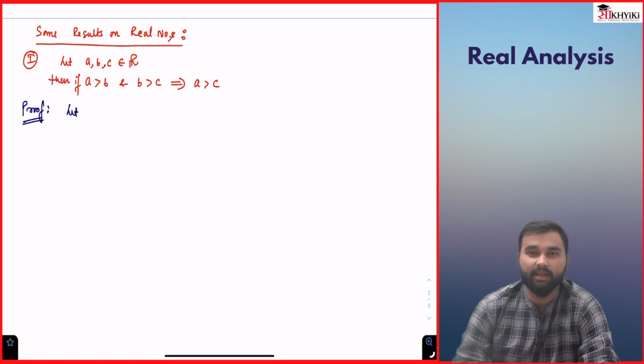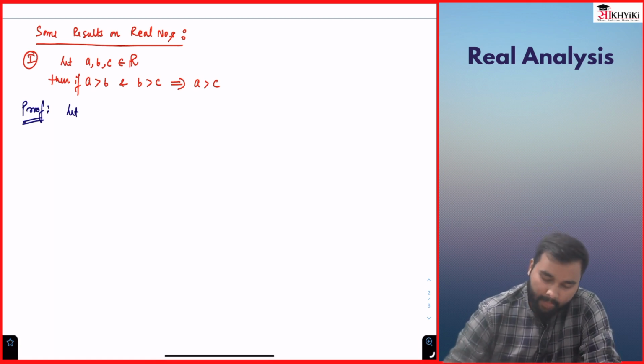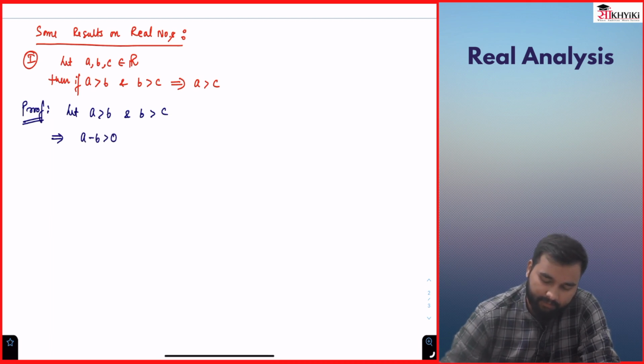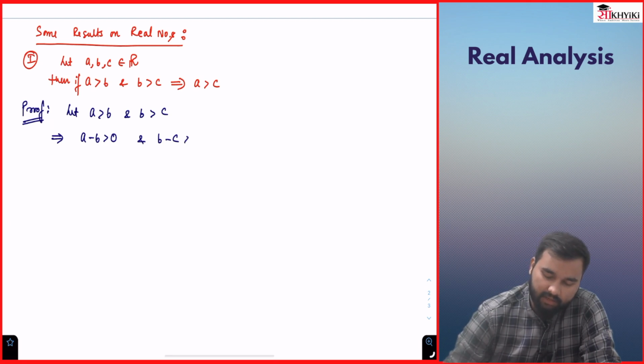Then we must have a also greater than c. Let a be greater than b and b greater than c. Since a is greater than b, a minus b is greater than 0. And since b is greater than c, b minus c is also greater than 0.